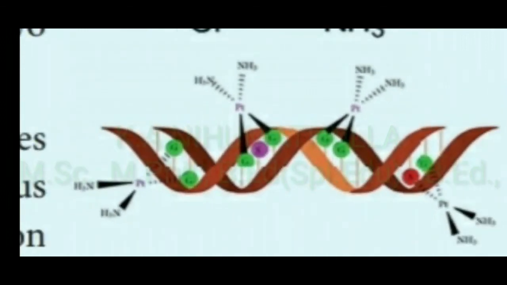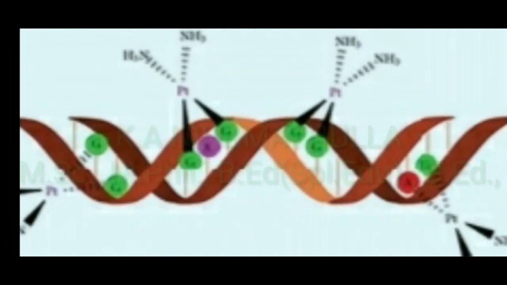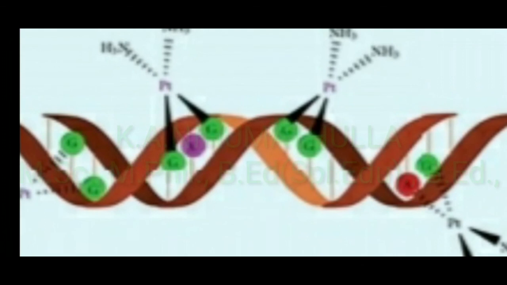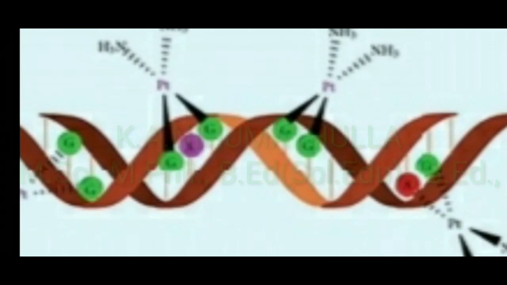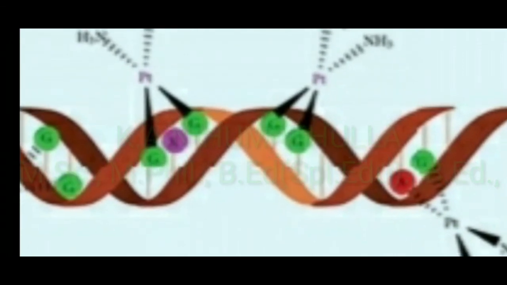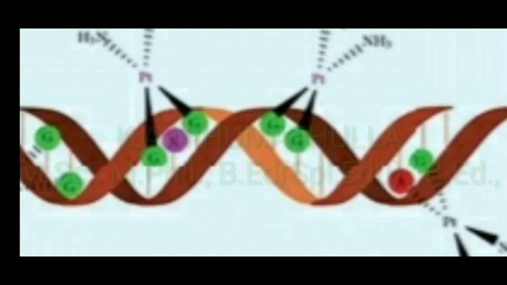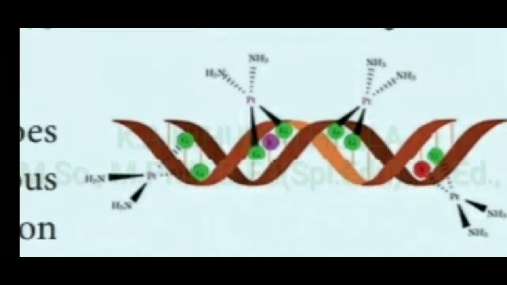These cross links hinder DNA replication and DNA transcription, which results in cell growth inhibition and ultimately cell death. So, finally, the cell goes to death.